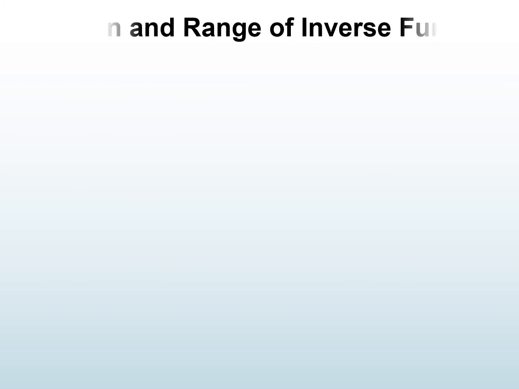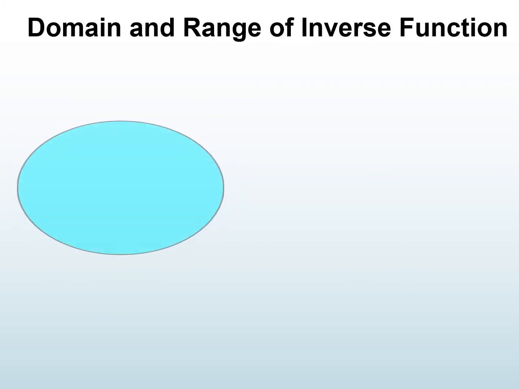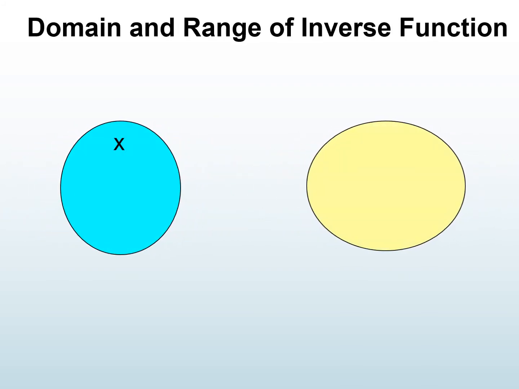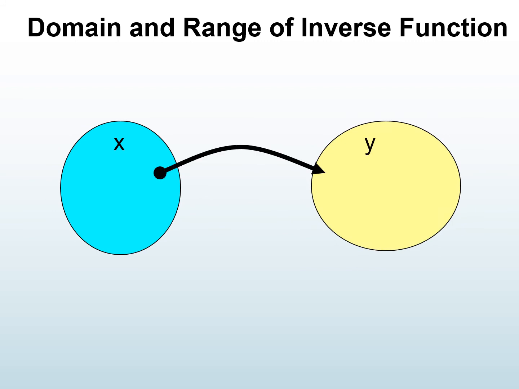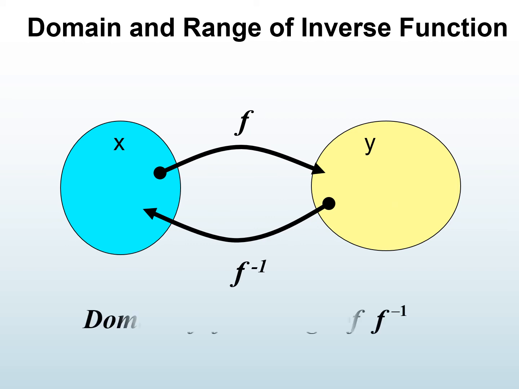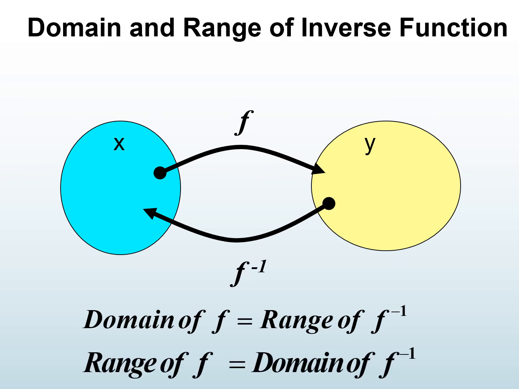Domain and range of the inverse function. A function f is mapped from x to y, and the function f inverse is mapped from y to x. From the diagram, the domain of f is equal to the range of f inverse, and the range of f is equal to the domain of f inverse.